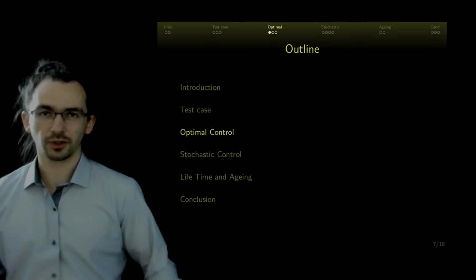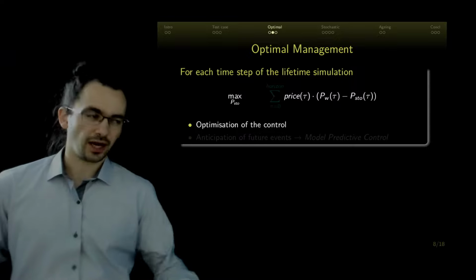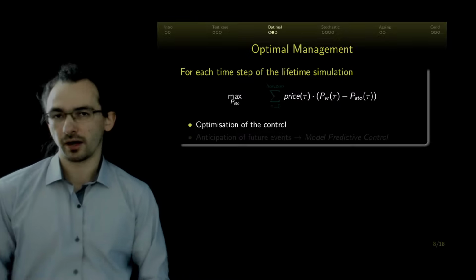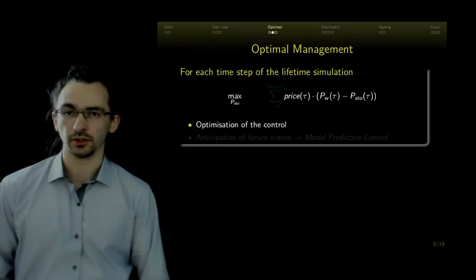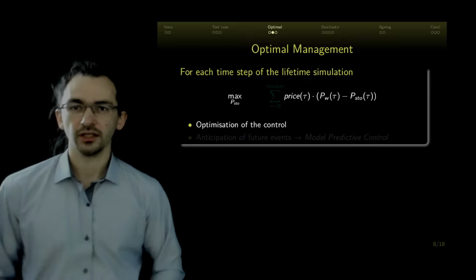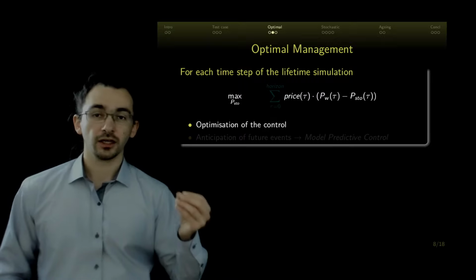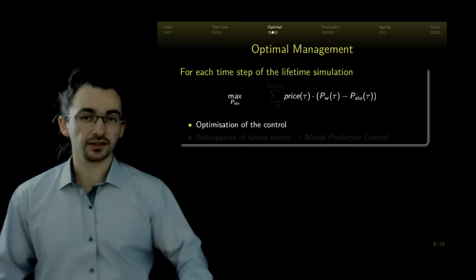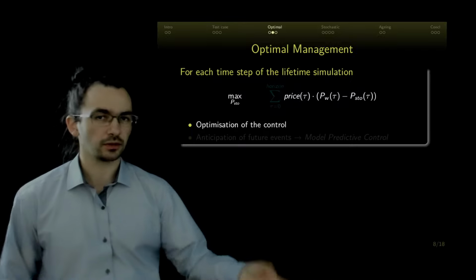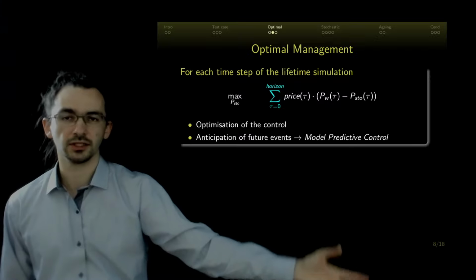I will now move to the optimal control section, because I could do something much smarter than just a price threshold. At each time step, what I am really trying to do is to assess what is the storage power which could maximize the utility value, but not just now, anticipating what will happen in the future.